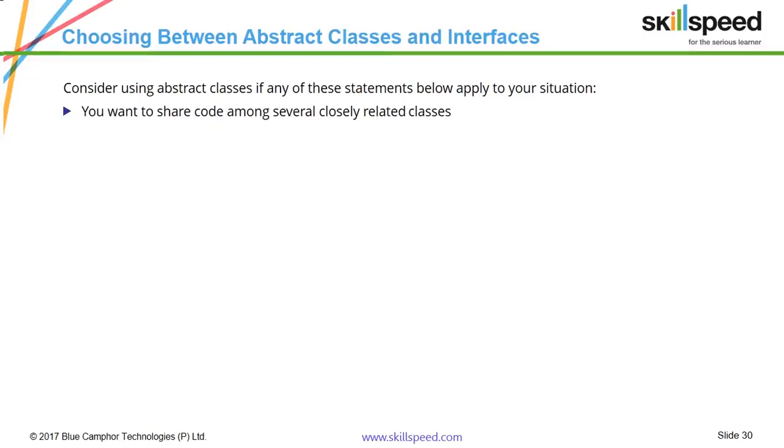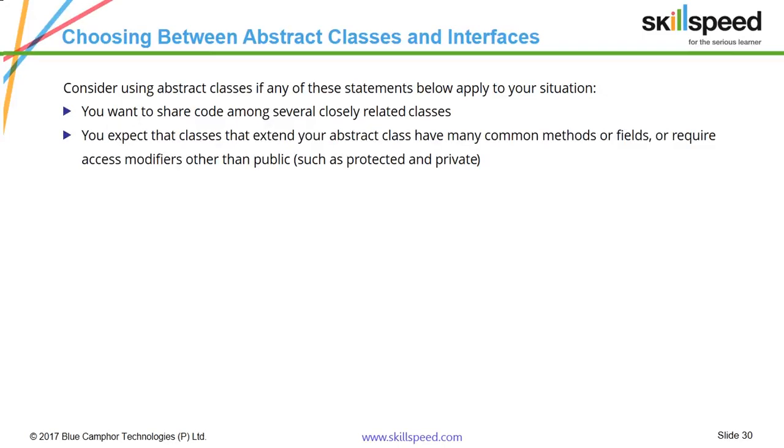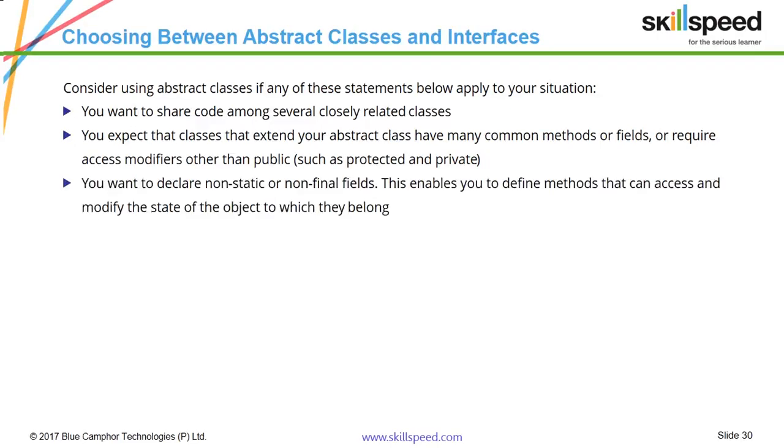You want to share code among several closely related classes, or you expect the classes that extend your abstract class to have many common methods or fields or require access modifiers other than public, such as protected and private. You want to declare non-static or non-final fields. This enables you to define methods that can access and modify the state of the object to which they belong.